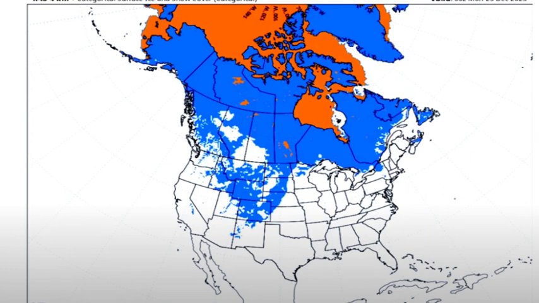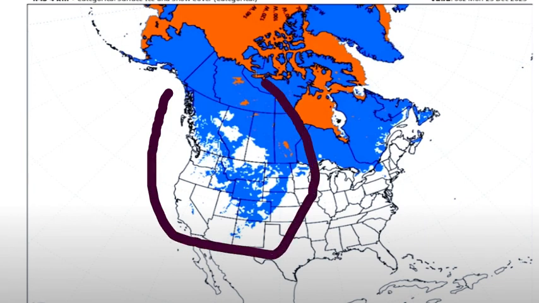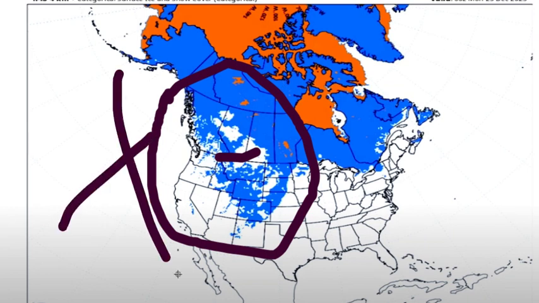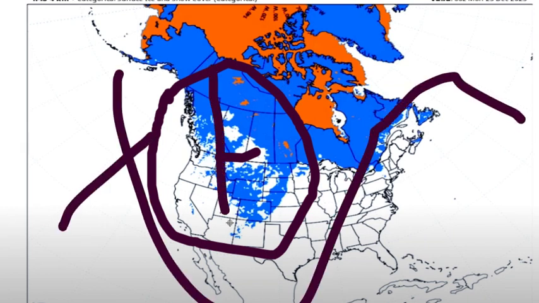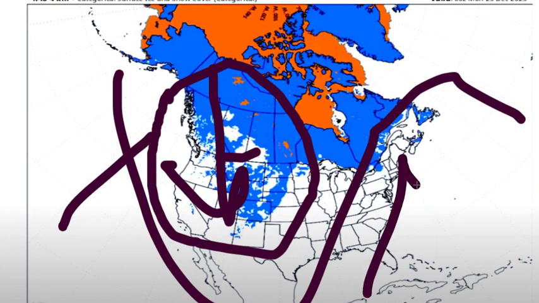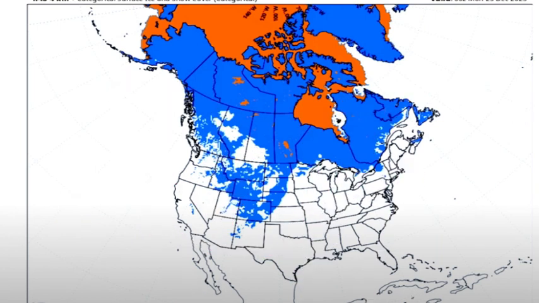So is this a positive PNA or a negative PNA? Well, this is actually a negative PNA because there's more snow to the west. So it will be something like this, with cold coming down from the west and warm moisture coming up from the eastern United States. Good job, Bill.